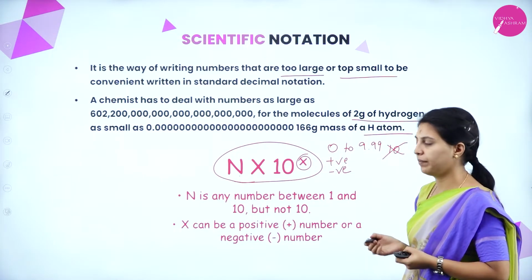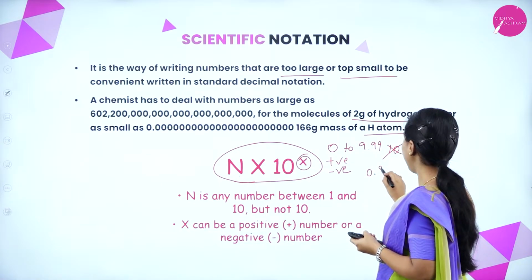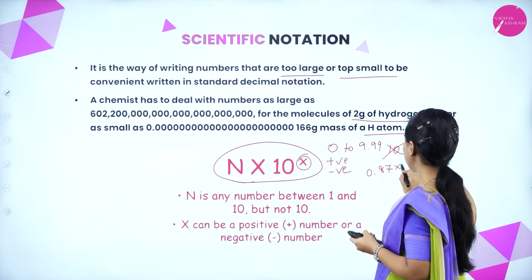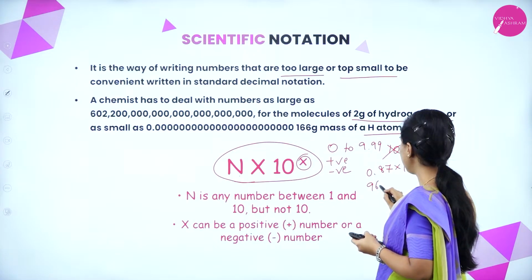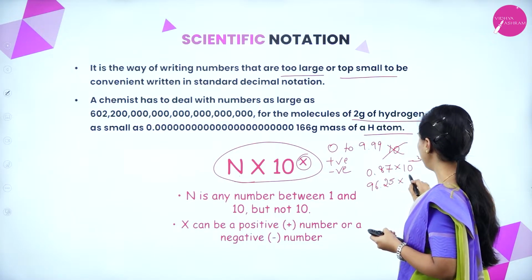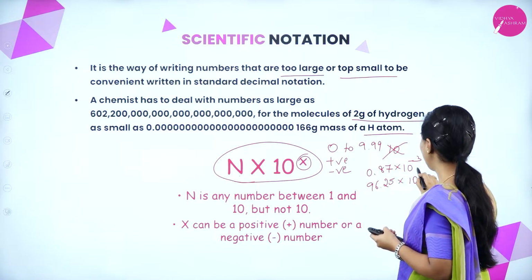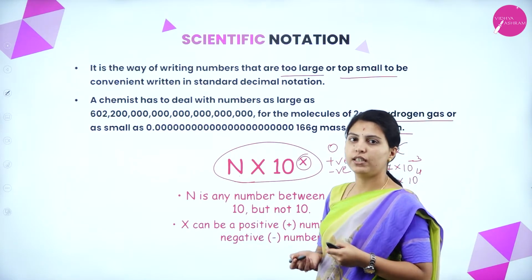It can be anything. Like if you want, 0.87 into 10 to the power minus 3 or 96.25 into 10 to the power 4. If only 4 is written, it means it is in a positive way.